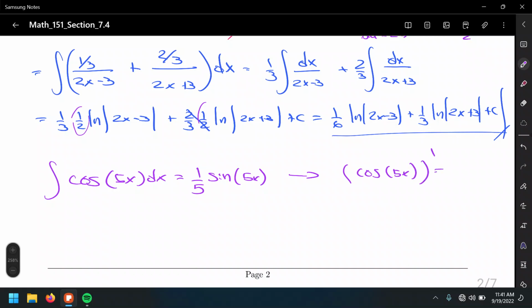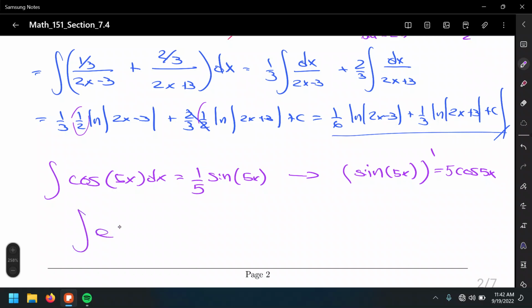What's the derivative of sine? That's cosine 5x. But by the mini chain rule, what do we do? Multiply, right? But in the integration, what do we do? Don't we do the reverse?